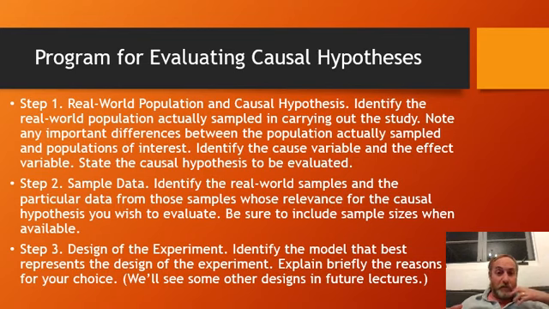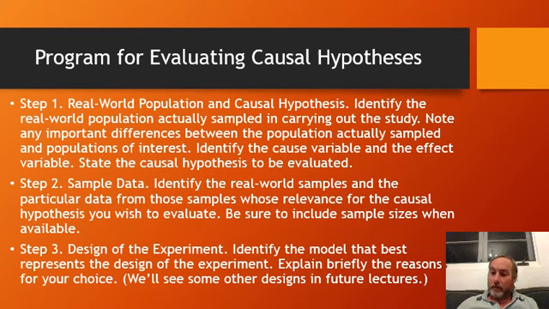Here's a good point where you might note any important differences between the population actually sampled and the population of interest. It is important that, in this case, the population of interest is humans and the population actually sampled is rats. You want to identify the cause variable and the effect variable, and then state the causal hypothesis, something like a positive causal relationship between X and Y. Okay, so that's step one.